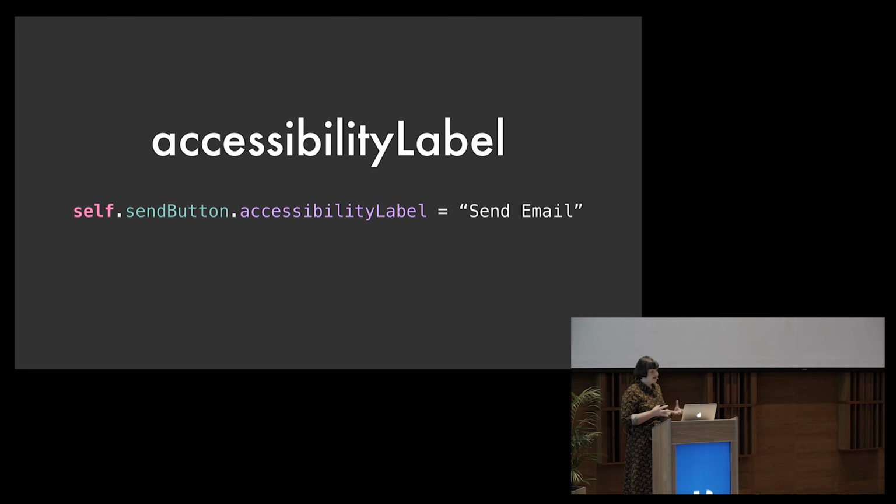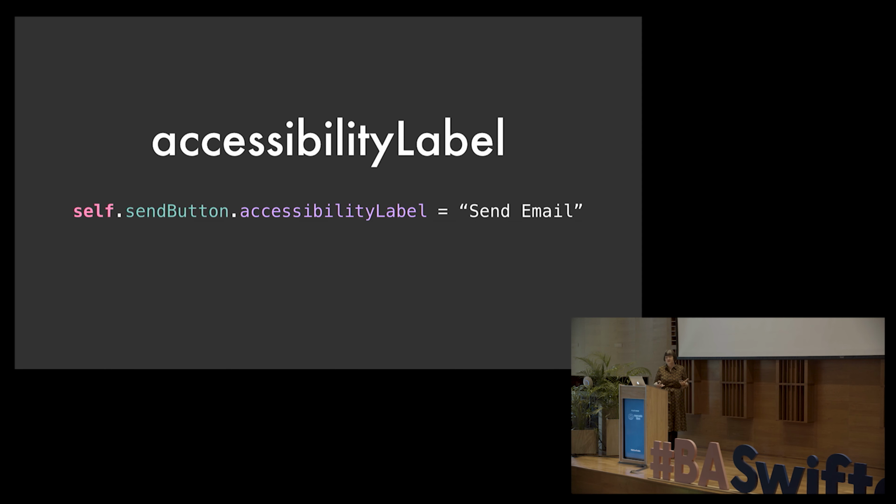And then the third part is the accessibility label. This is what is used to describe the element to the user. So in this example, we've got the send button, and its label is send email. By default, if you're using UIKit stuff, it's just going to use the title of the button.